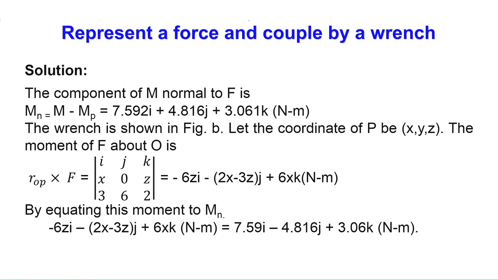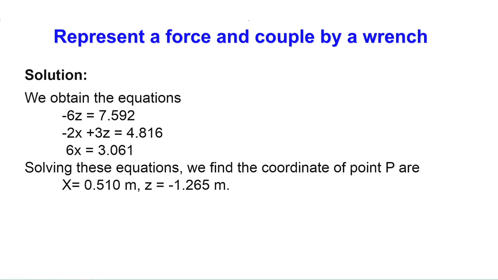So, this quantity will be equal to this r_OP cross F. If we equate these two equations and simplify, we will get the coordinates of x and z, and thus we can find out where the force F has to be applied, so that just a force and one moment, that is parallel to that force, will be sufficient for creating the given force and moment. So, this is the simplest representation.